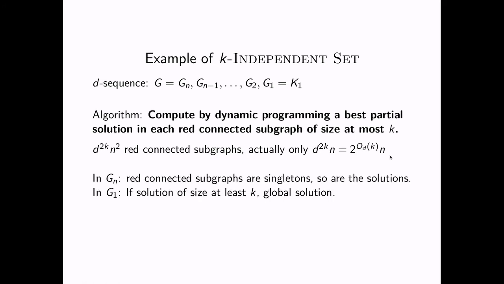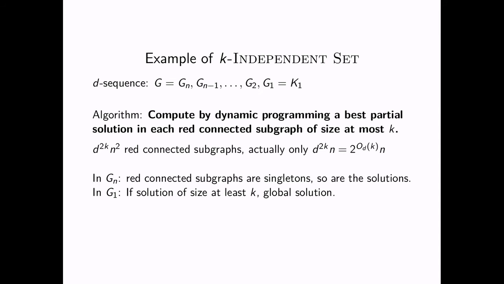Okay, so the two extreme points, you already know them. Initially, the red graph is empty, so its connected subgraphs are singletons, and we will store whether there is a solution of size 1 in every vertex.